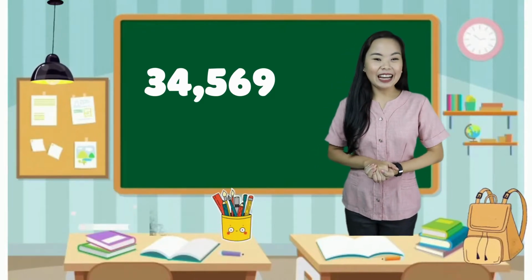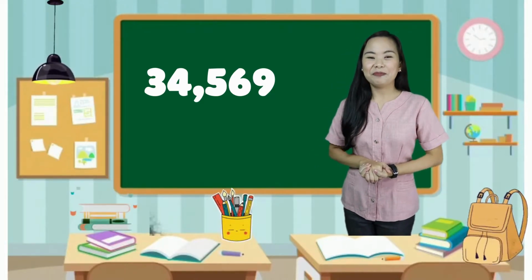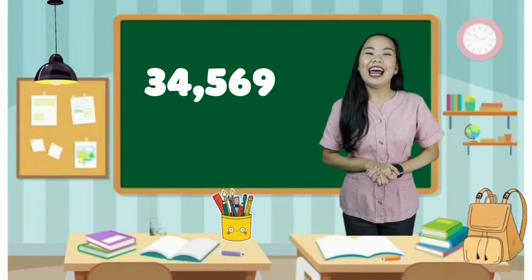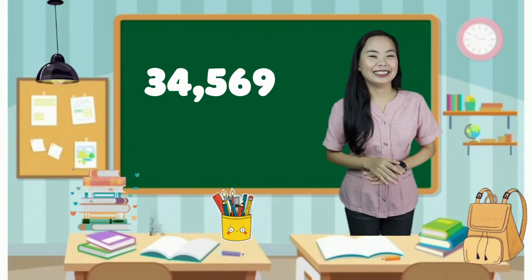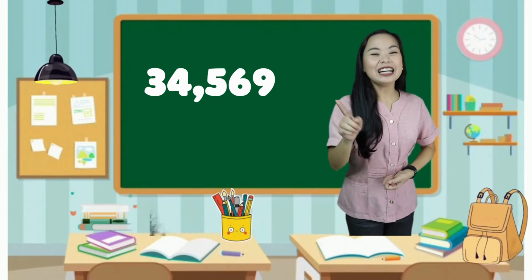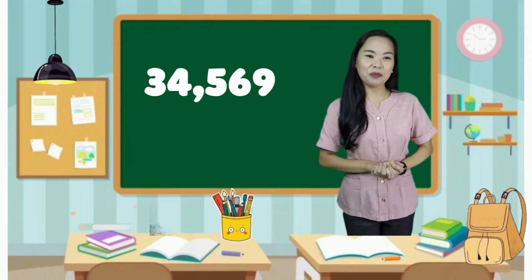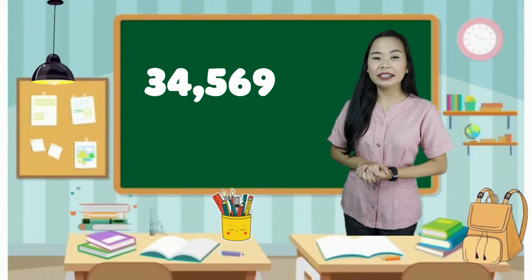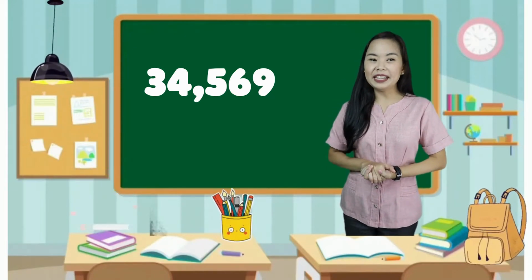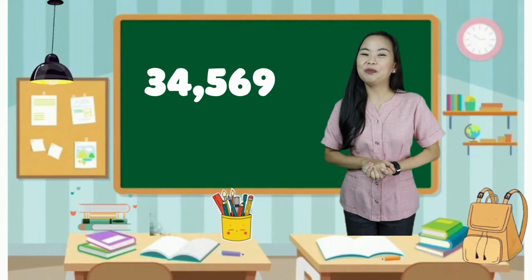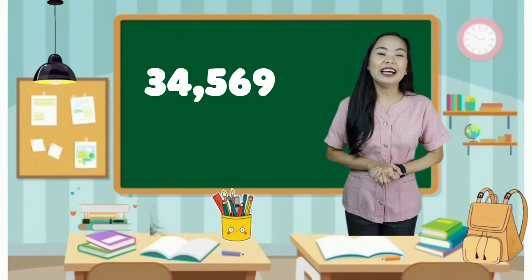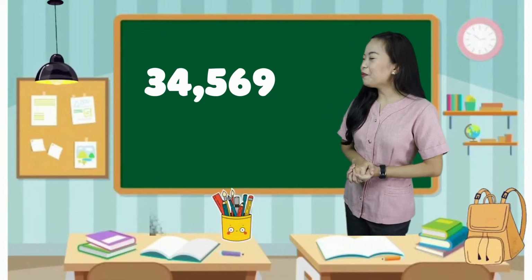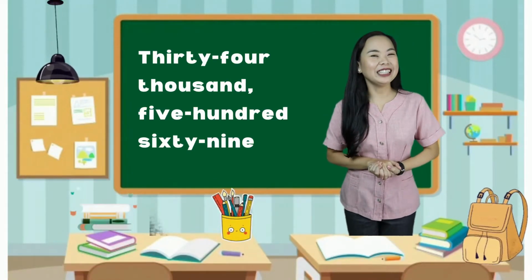It is read as 34,569 and written in symbols as. Remember, in writing a number in symbols, the digits are separated by a comma or space in groups of 3 called periods, starting from the right. While in words, it is written as 34,569.